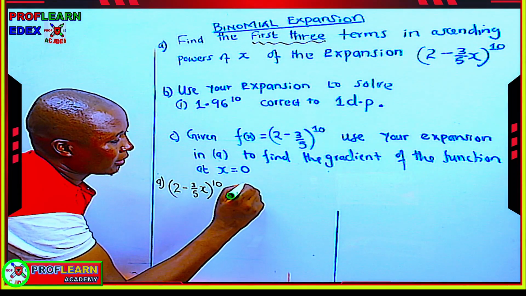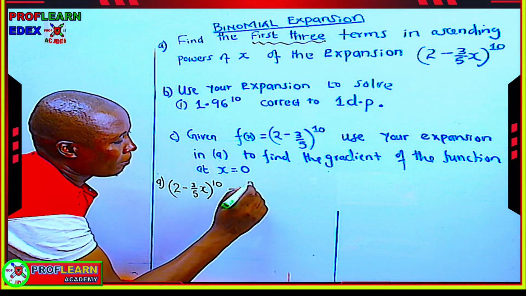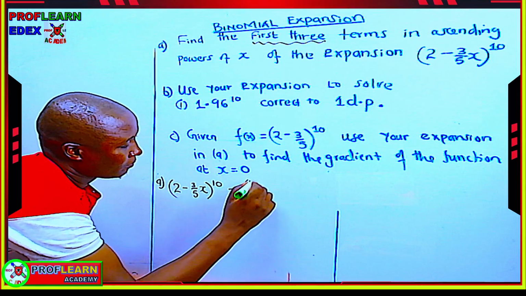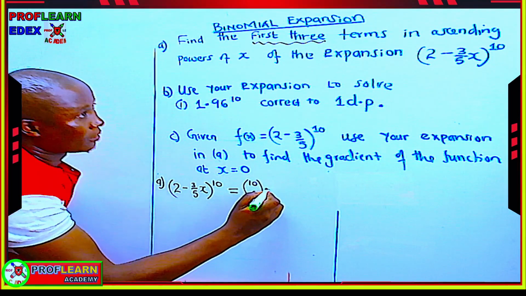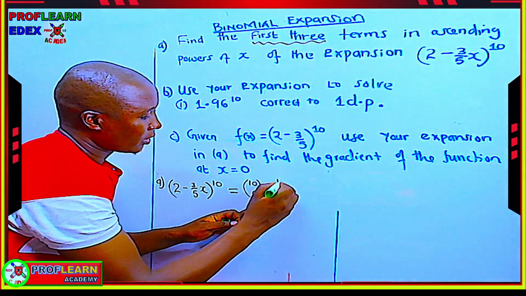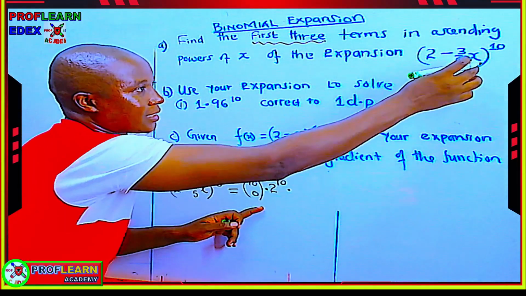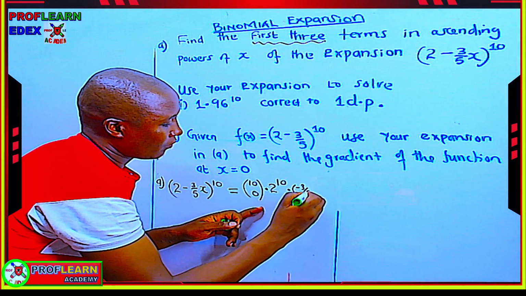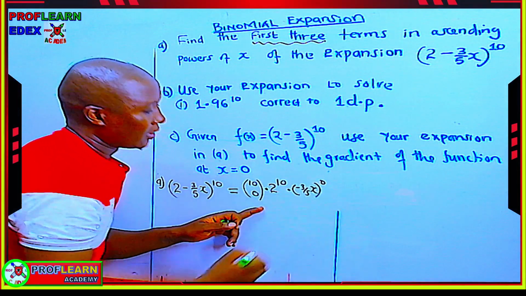The first term will be written as n combination, our n is 10, combination 0, times 2 raised to power 10. The second part will have negative 3 over 5x raised to power 0.